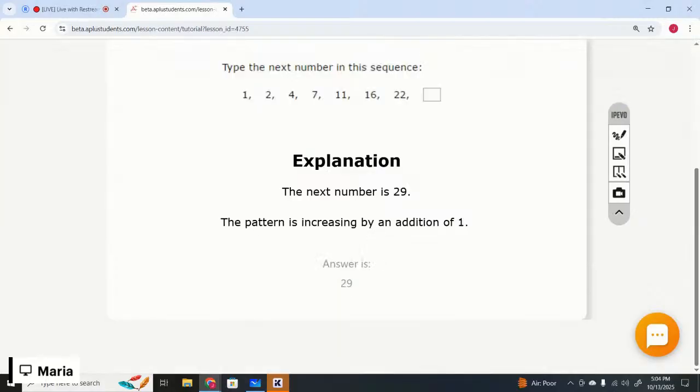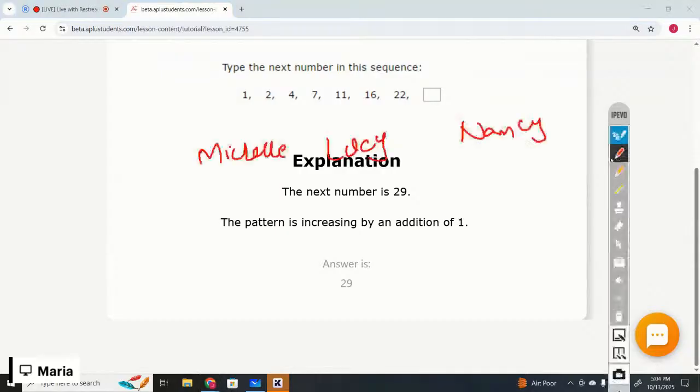They are 1, 2, 4, 7, 11, 16, 22, the missing number. So we need to find out how the pattern is growing. Then we need to find out the missing number, right? So let's just look at the pattern, increasing pattern.